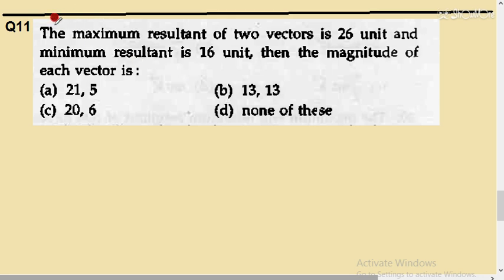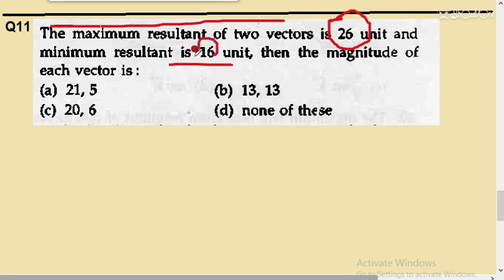See the statement: the maximum resultant of two vectors is 26 units and the minimum resultant is 16 units. Then the magnitude of each vector is, students, if you know the concept, then you can easily guess from the given options.